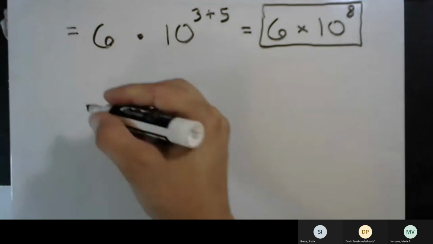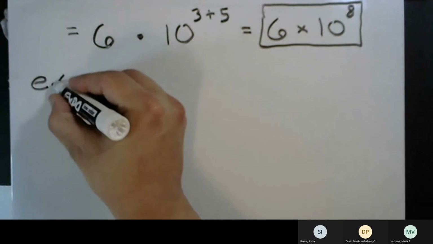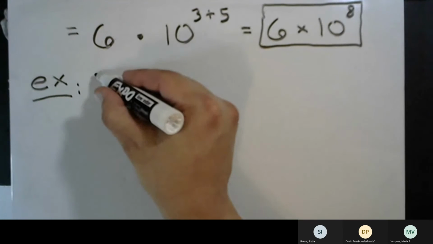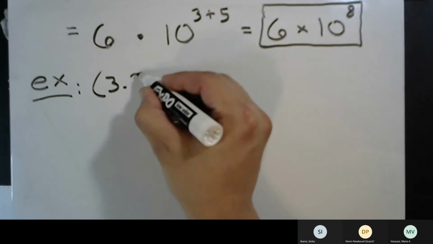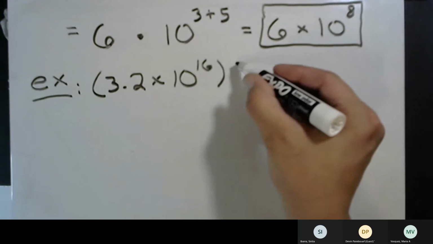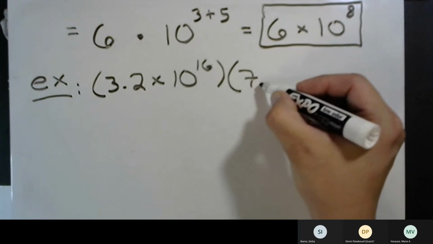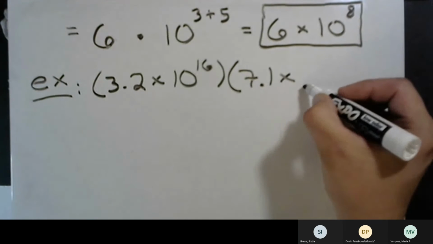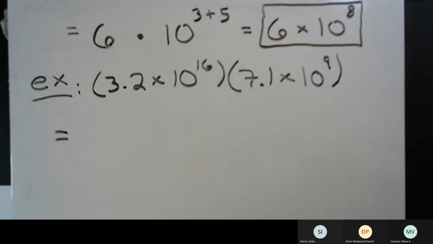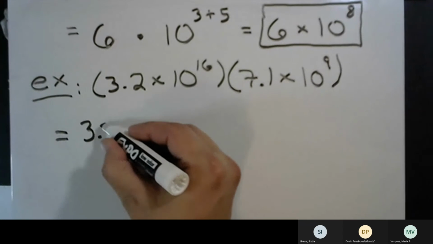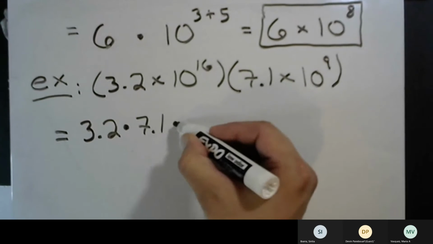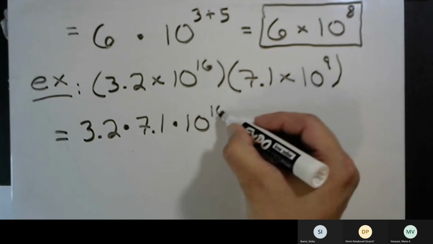So we have to be careful with this. For example, let's say we have this. So what we're going to do, we'll have our non-powers of 10, and then we have our powers of 10.